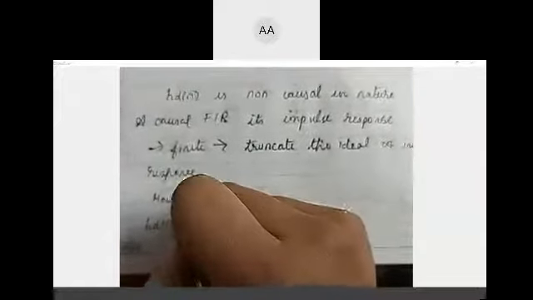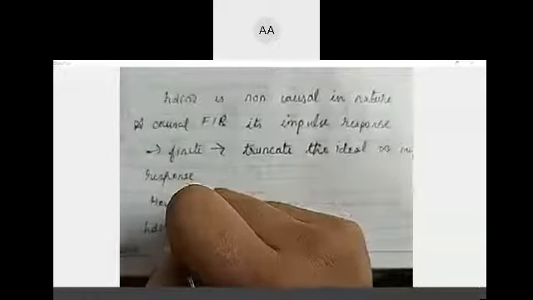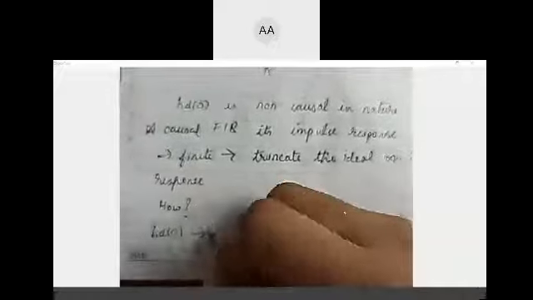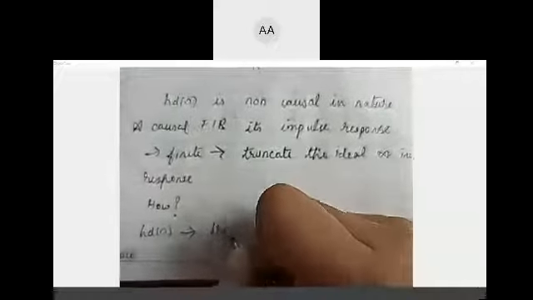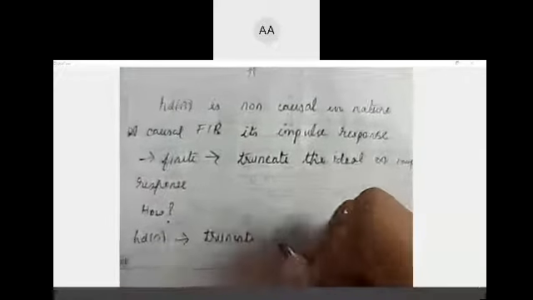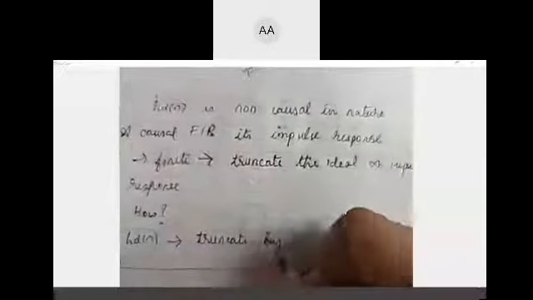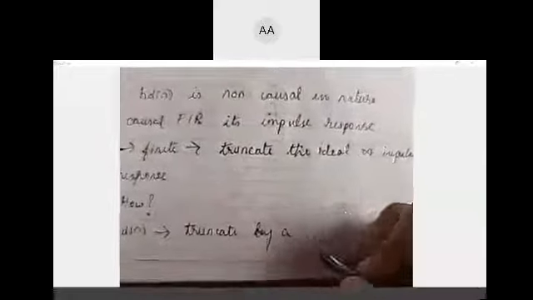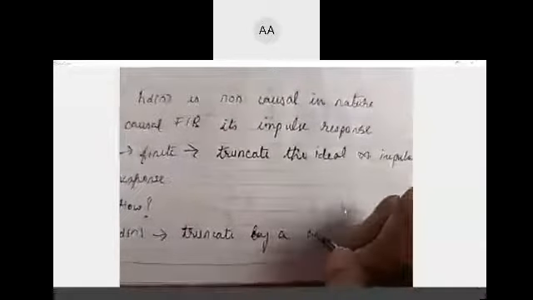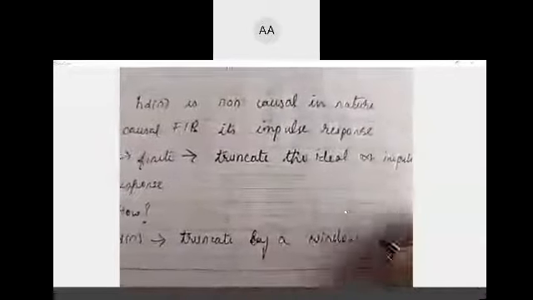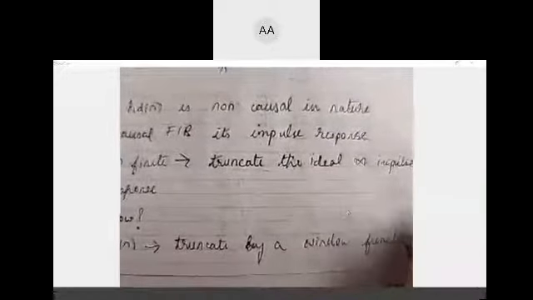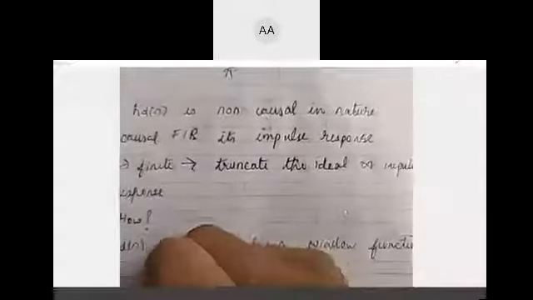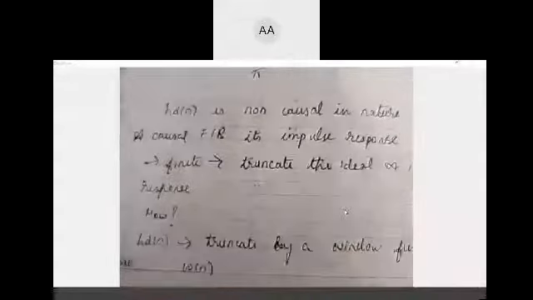You will truncate it by using a window function W of n.